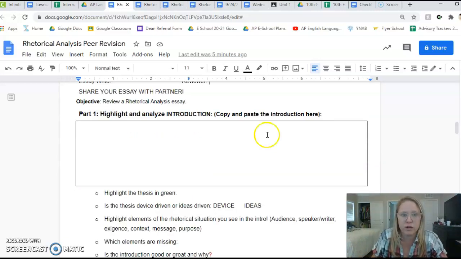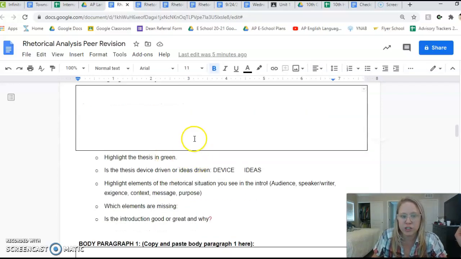All right, so for example, you're going to copy and paste each chunk of the essay into these boxes. So you'll copy and paste the introduction right here. Once you do that, just follow the instructions. You'll highlight the thesis in green. You'll reflect on whether the thesis is device-driven or ideas-driven. Then you will highlight elements of the rhetorical situation you see.